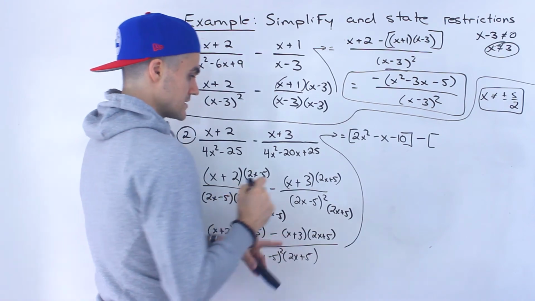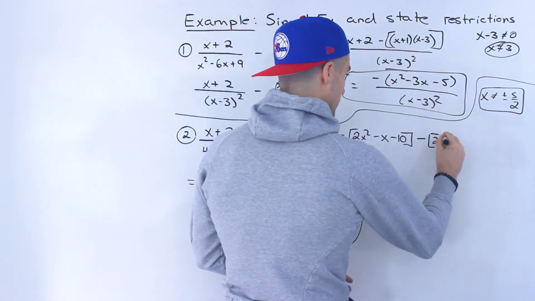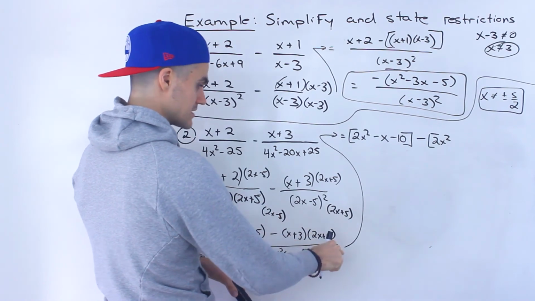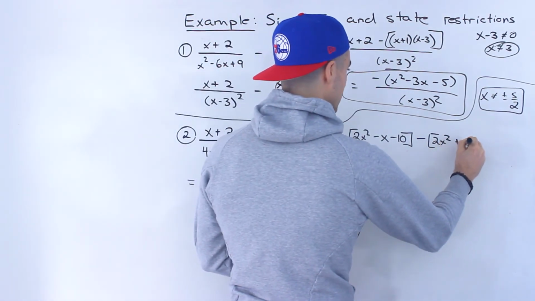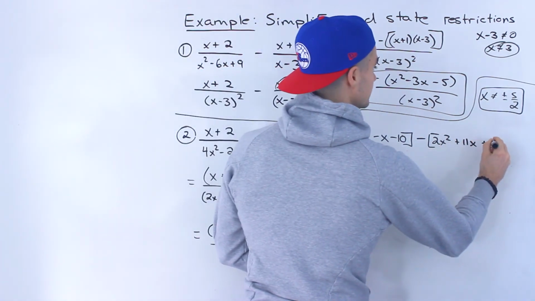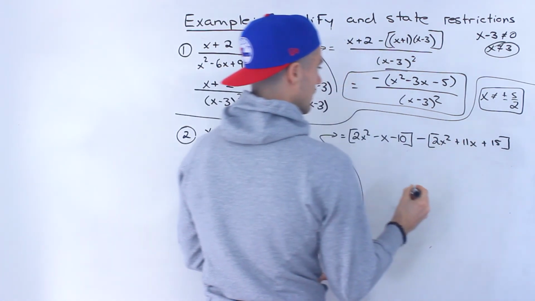So if we FOIL out this here, we would end up with 2x squared. We'll have 6x plus 5x, which would give us 11x. And then we'll have 15. Like that.